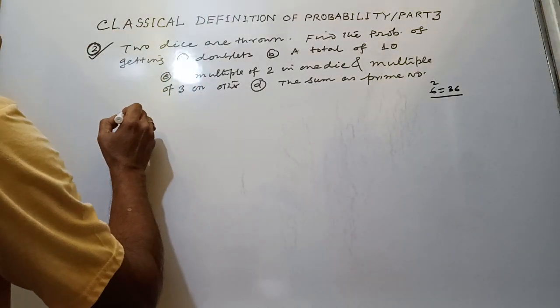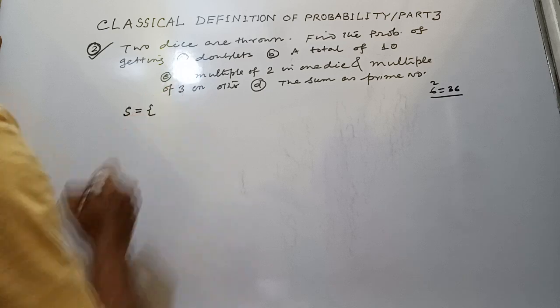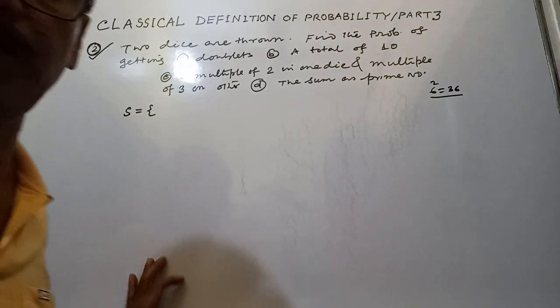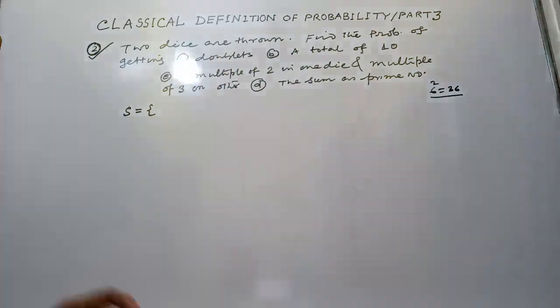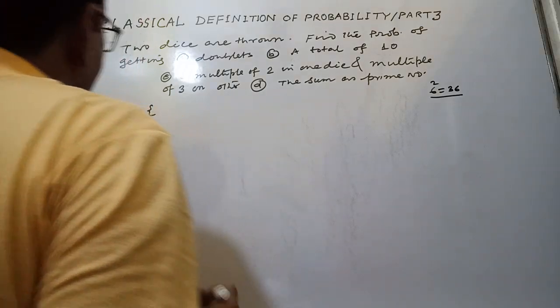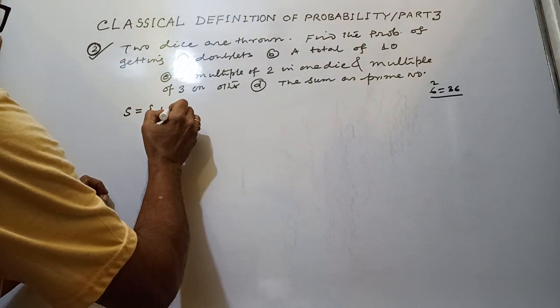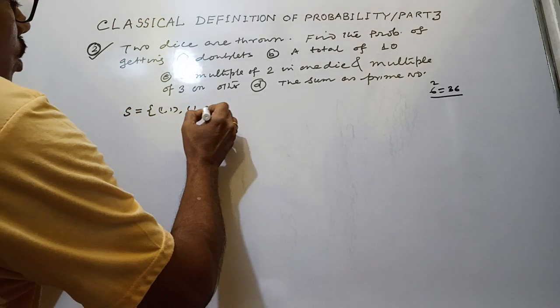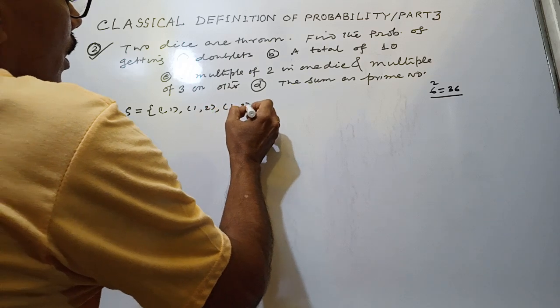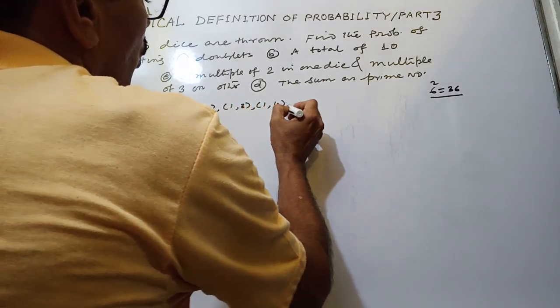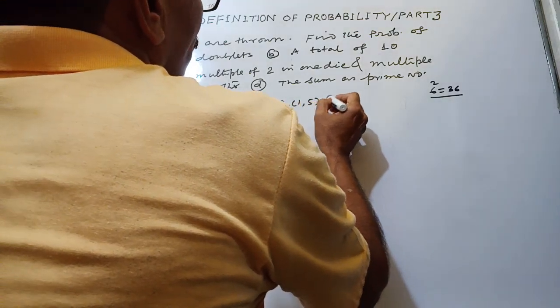You can write it, or you have to remember the sample space in your mind. So you know 1 1, 1 2, 1 3, 1 4, 1 5, 1 6.